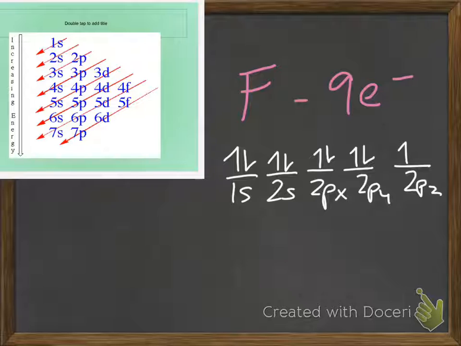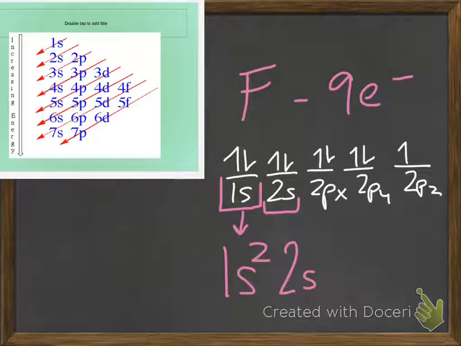What I'm going to do to show the electron configuration notation is take each individual subshell. The 1s subshell has how many electrons in it? 2. That's what I'm showing. The 2s subshell has how many electrons? 2.